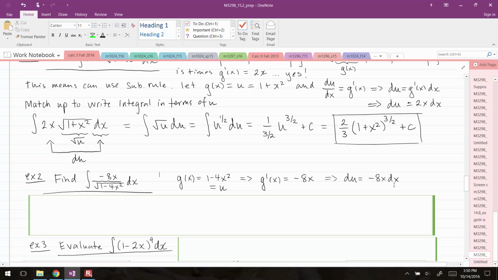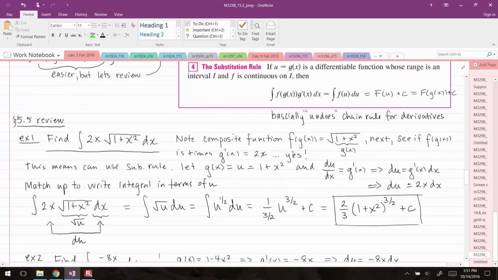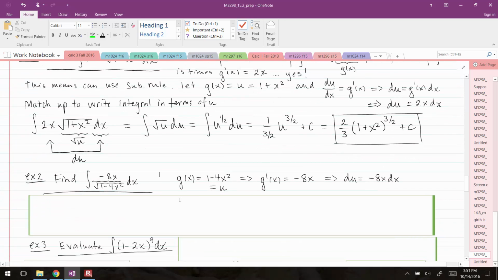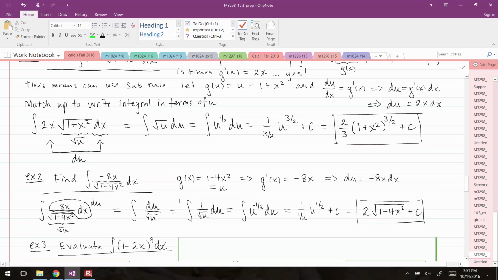Sometimes the negative 8x dx is there, sometimes it's not. Of course the dx is always there. So I check and I see that yes, I can write this as, scrolling up here, the composite function f of g of x times g prime of x dx. So that means that this technique will work. So this part here is the du, and then underneath here I'm going to have square root of u.